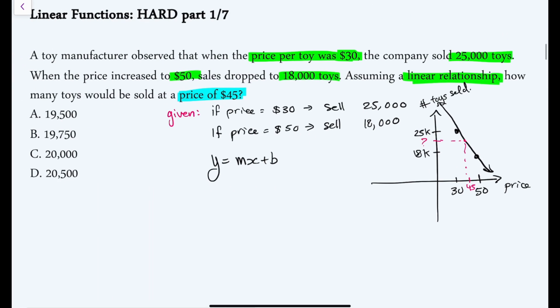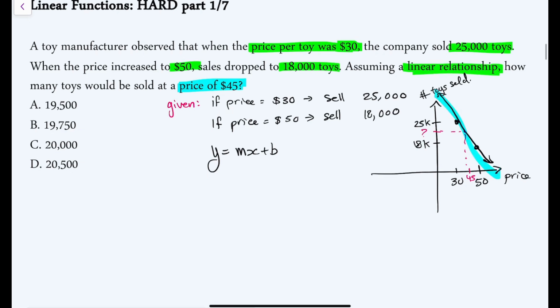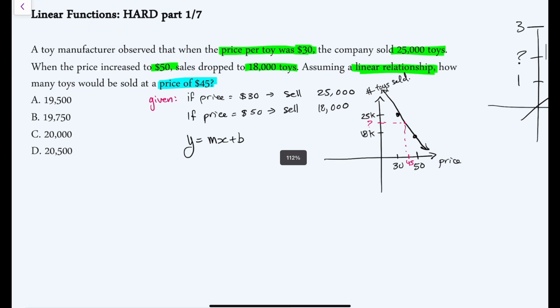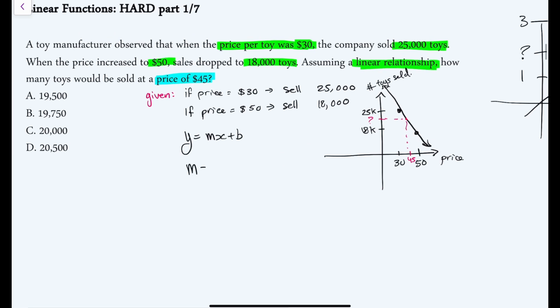So going back here and actually using what we just saw in a bigger example, we need to first figure out what's the equation of this line here. And to do that, we find the slope first. Okay, m is equal to, well, we have 2 points, so let's label those points first. 30, 25,000, 50, 18,000.